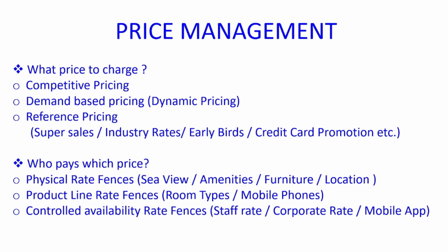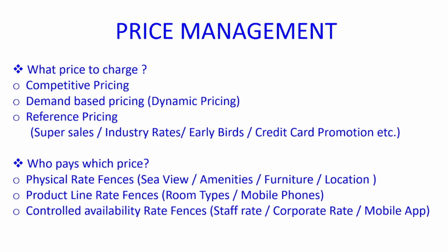Control the availability rate fan. Another way to create a rate fan is to control availability. So we want to give a special rate in order to maximize loyalty or production, so we have to limit it so only some particular clients can have this rate.